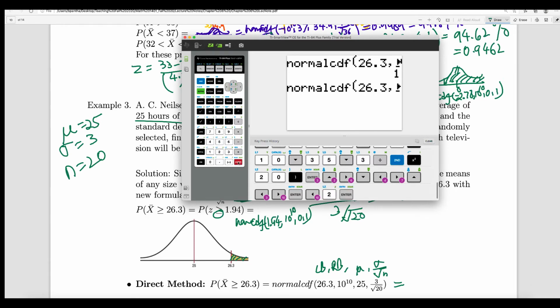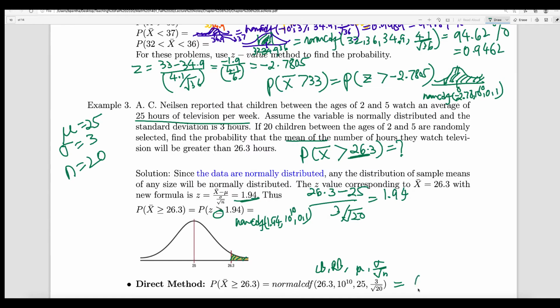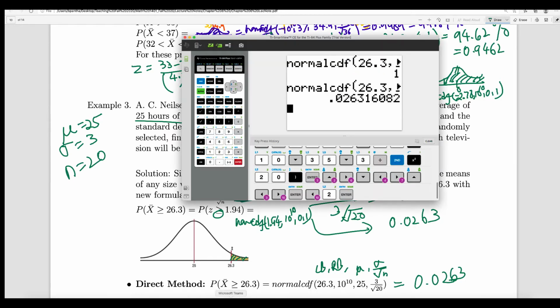Now you will see the probability is 0.0263. That's what you will get. Or if you use this way, you will get the same answer, 0.0263. Previously I was putting the wrong number there, instead of 25, I put 35.